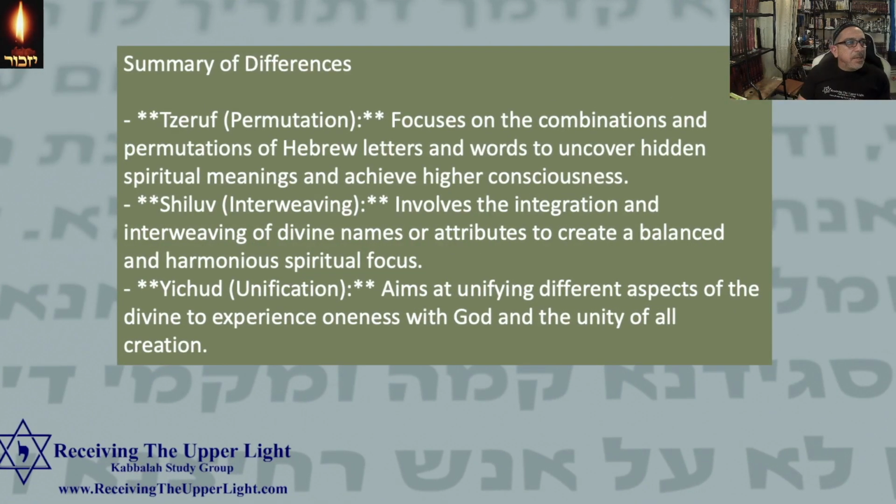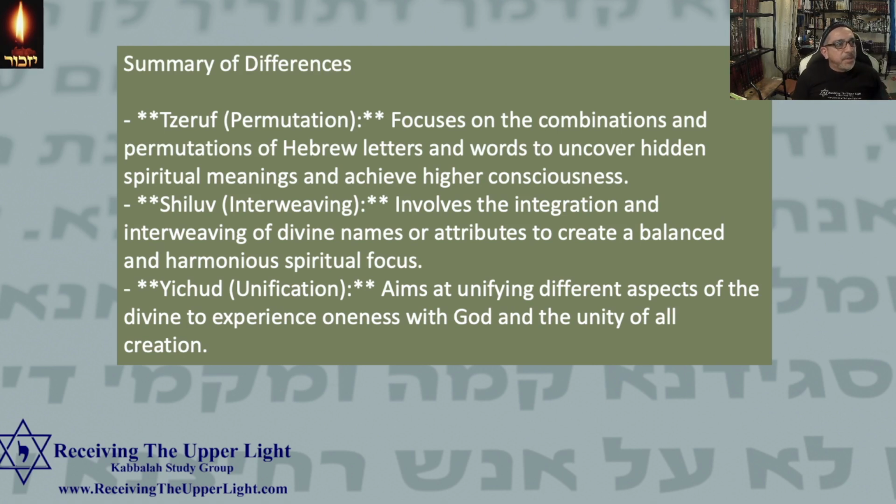Now we're going to talk about the differences. Remember, as we talked about in lesson 1, Tzeruf is a permutation. It focuses on the combinations and permutations of Hebrew letters and words to uncover hidden spiritual meanings and achieve higher consciousness.